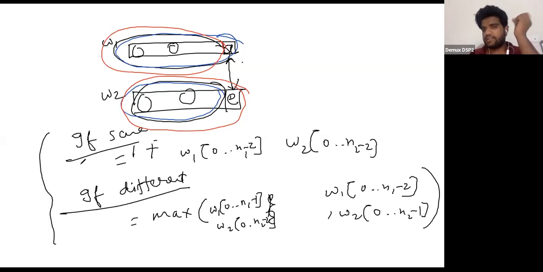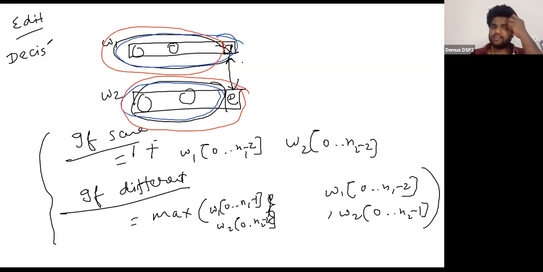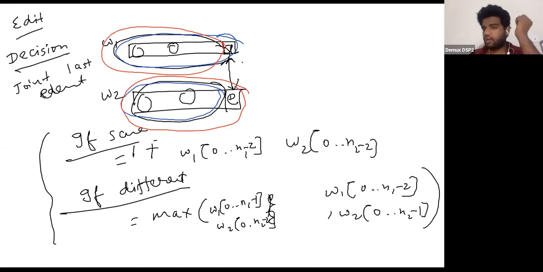And generally you will see, I will actually paste more questions on Slack, which will be similar. So all these are based on the same idea of edit distance. And the decision here is that, again, decision is on the last element, but the decision is on the joint last element. And the decision is if the last element is equal or not. Correct?